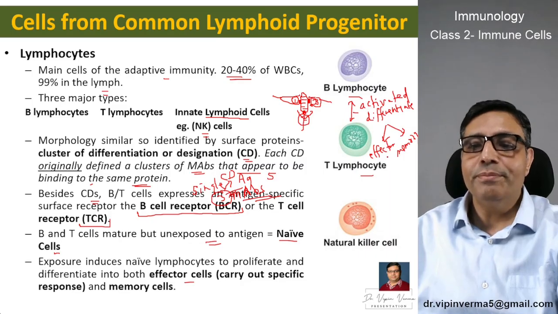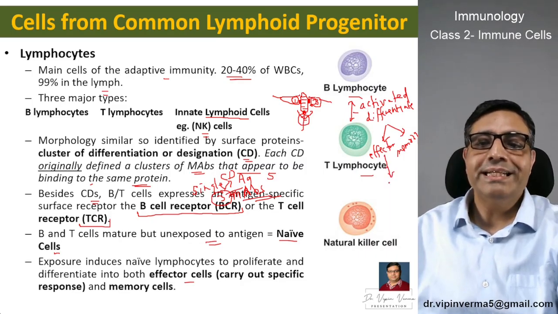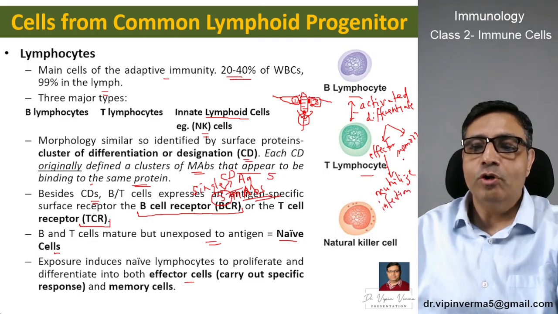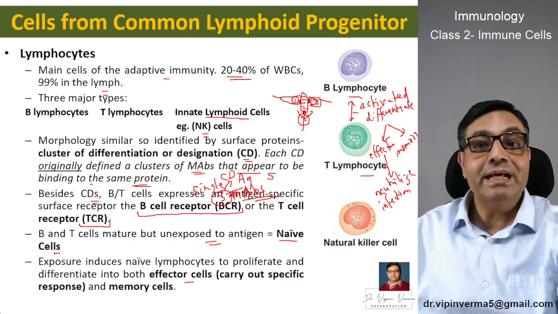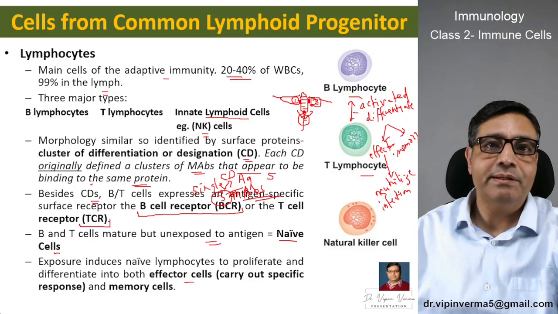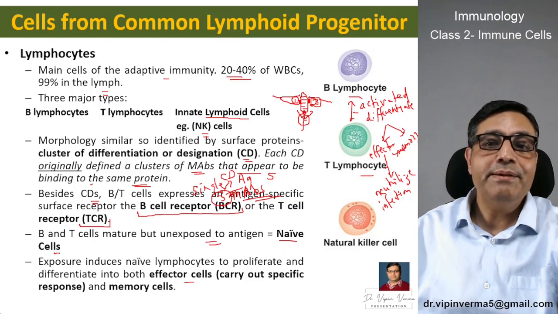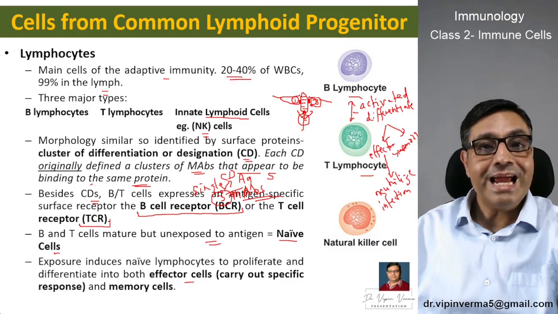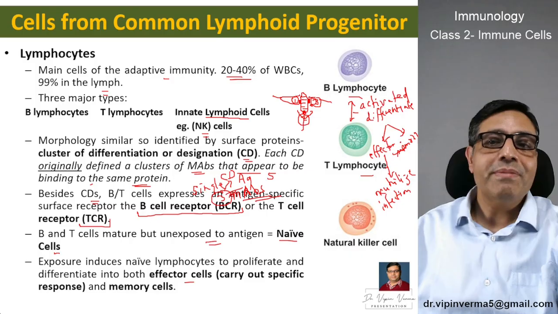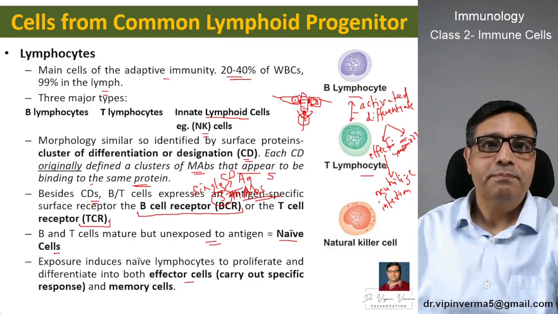The effector cells' function is to immediately neutralize the infection, while memory cells are the long-term cells which maintain the record of the infection, so that next time when the same infection comes inside the body, these cells will respond quickly and more effectively, more aggressively. You remember the primary response and the secondary response, and in the secondary response, the memory cells are the main activators.